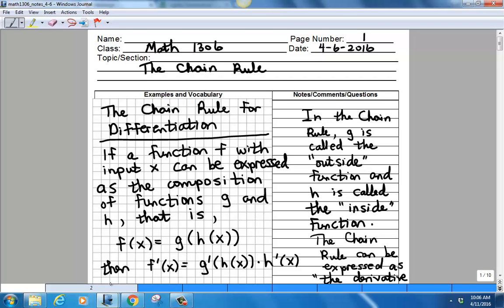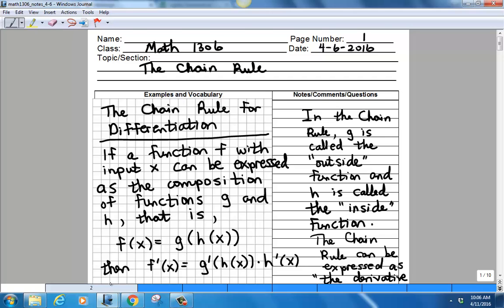And the idea is you have to take that function that you want to find the derivative of, and you have to write it as a composition, okay? That's the idea behind the chain rule. And so in the homework, they're actually going to force you to do that. They're going to give you a function, ask you to write it as a composition, and then apply this so-called chain rule to find the derivative of the function.